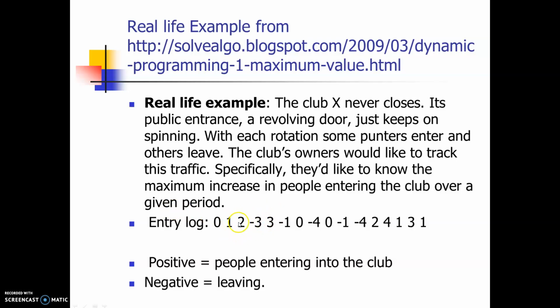If we are able to find the maximum contiguous subsequence in this data, then we would know during what time we had the largest number of customers in the club. So this is how we can use this problem in daily life to solve a real problem.